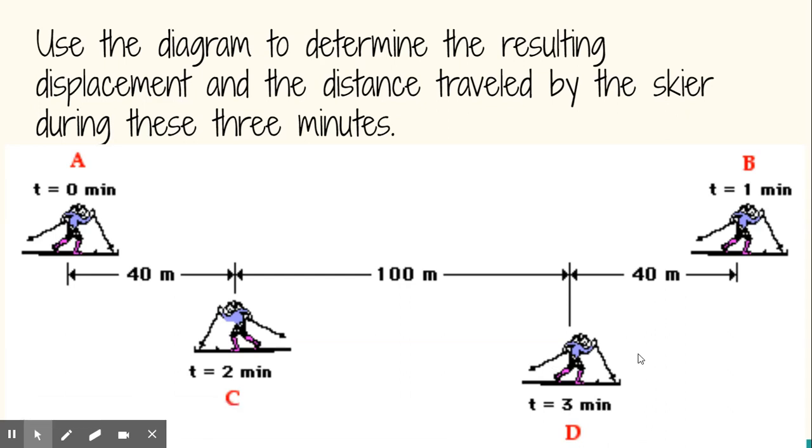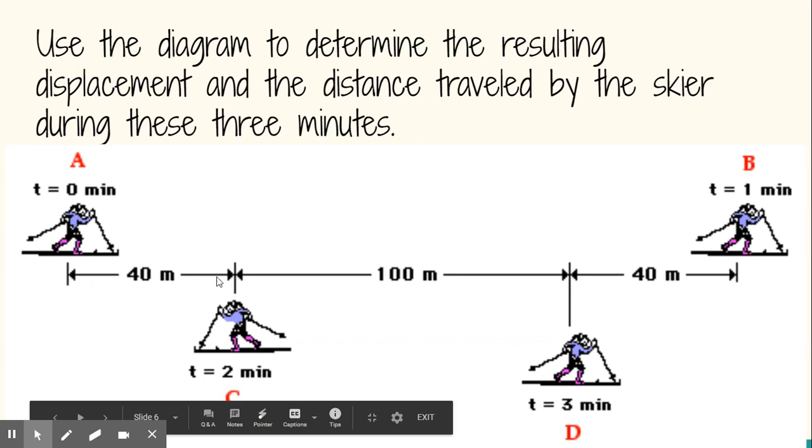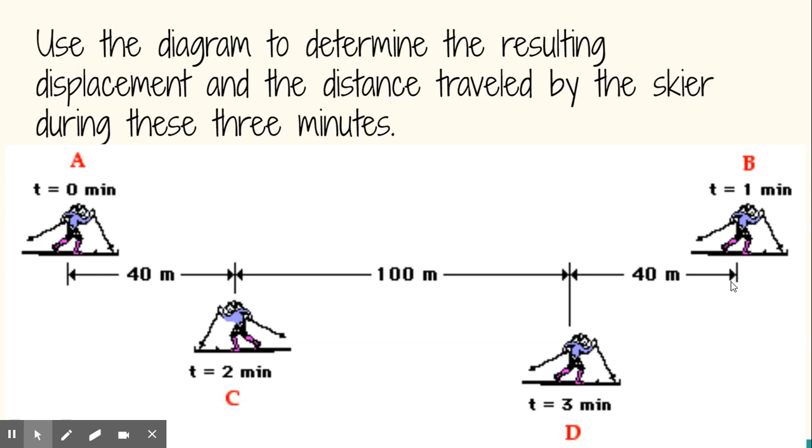Now, if we're talking about his distance, we're talking 40 plus 100 plus 40, that's 180 meters, plus another 40 plus 100, that's 180, 220, 320, plus another 100 meters, 420 meters. That's his distance.